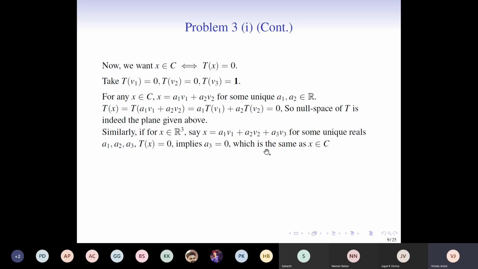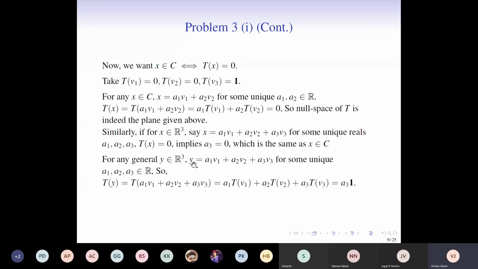So we would get a3 equal to 0, which is the same as saying that x belongs to the plane C. Because if we put a3 equal to 0, x would become a1 v1 plus a2 v2 for some real numbers a1 and a2, and v1 and v2 form the basis of C. So a linear combination of v1 and v2 would also lie in C. So we have proved in the reverse direction also that if T of x equals 0, it would imply that x belongs to C.